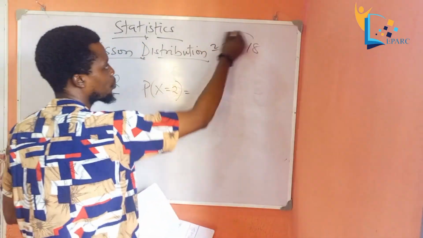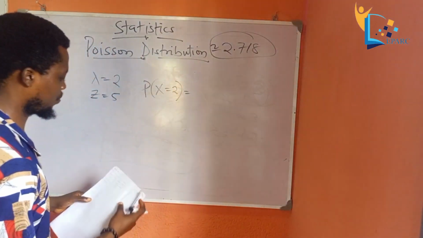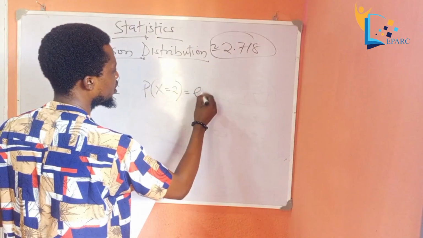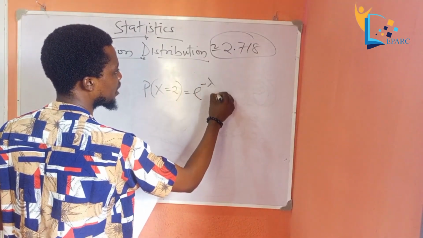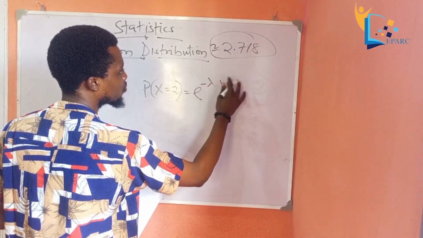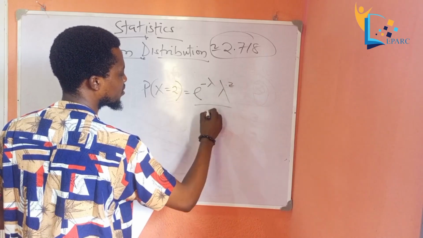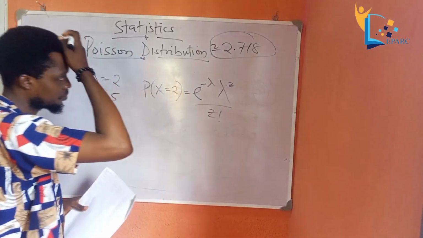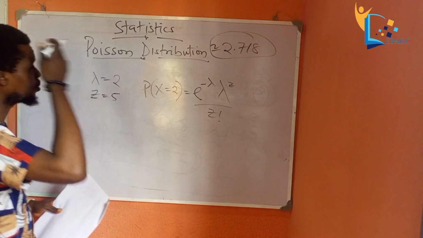So we have e raised to the power of minus lambda, then lambda raised to the power of Z all over Z factorial, okay? That's the formula. So let's compute now.